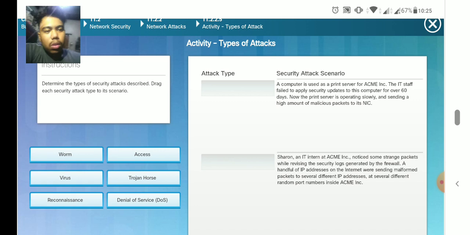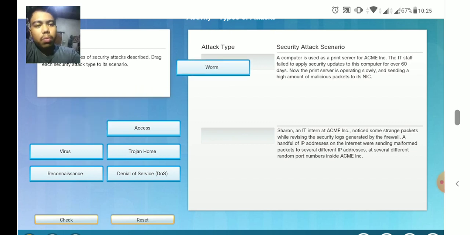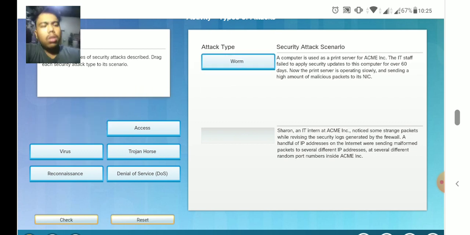I think it's a worm. The attack type, worm, could be transmitted through the NIC or the flash drives easily.